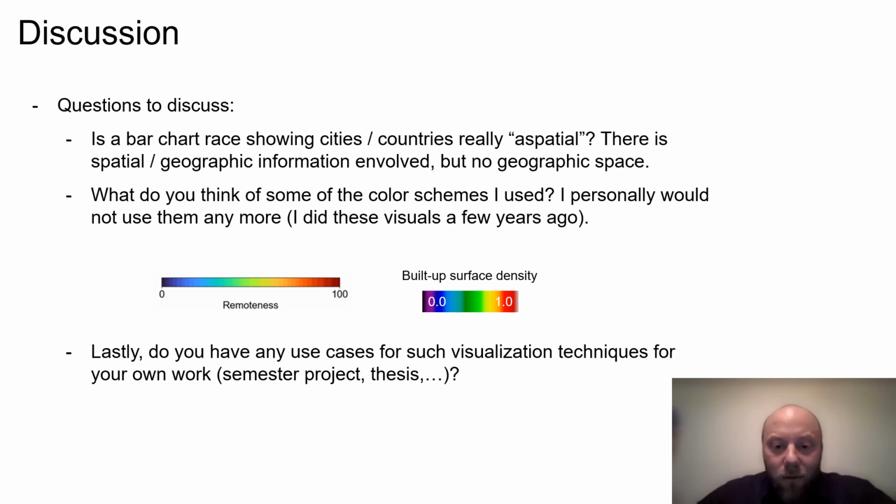So why does yellow depict a higher value than green? It's not clear. And then it would also be interesting to hear if you have any use cases for such visualization techniques for your own work, such as a semester project or your thesis.